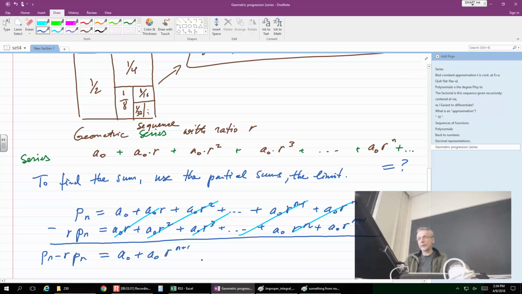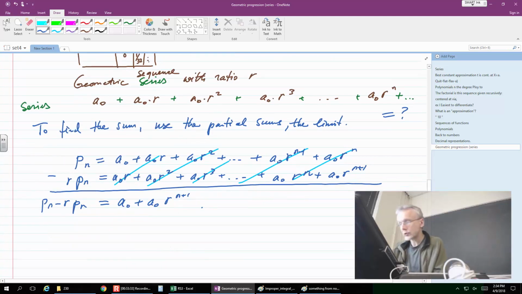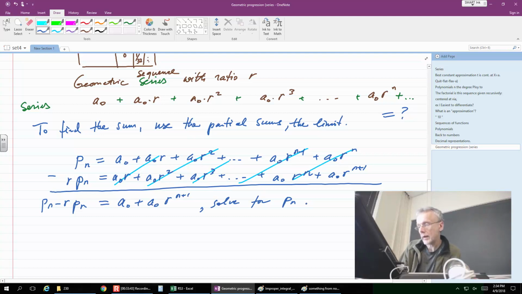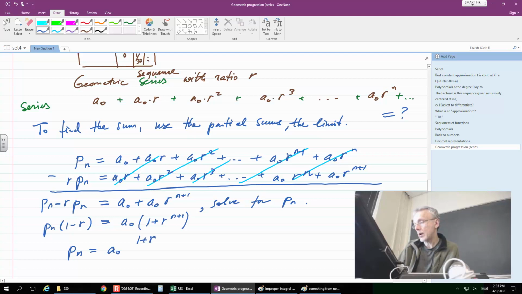And that does it pretty much, because now I just solve for P_n, the partial sums that we're interested in. On the left, I have P_n times (1 minus r) equal to a naught plus, well, let's factor out a naught, a naught times (1 plus r^(n+1)). So P_n is equal to a naught times (1 plus r^(n+1)) over 1 minus r.